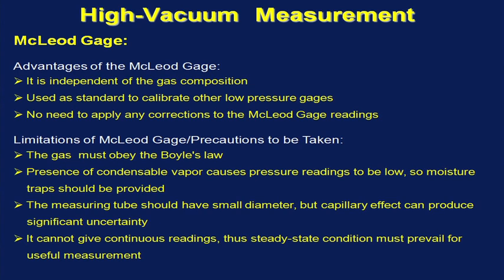There should not be any condensable vapor present, because condensable vapor occupies much more volume when it is gas, but the volume becomes extremely small when it becomes liquid. So, the presence of condensable vapor may cause great uncertainty in the reading. To avoid this, we must provide moisture taps.